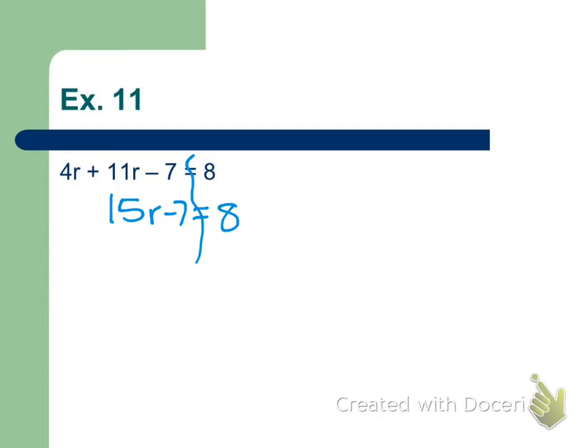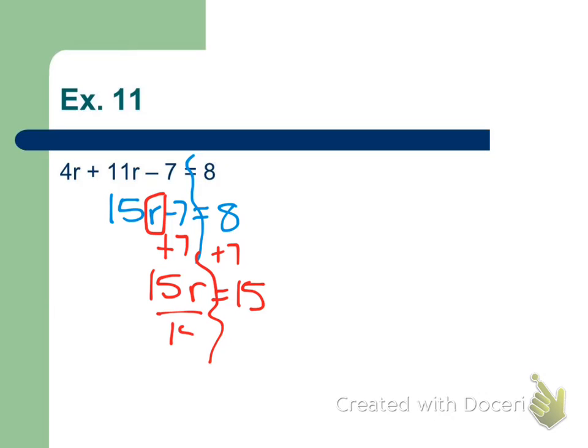Then, Jakeem, what did you do? 15r equals 15. Oh, I got my line a little off there. Okay. And finally, Tariana, what would we do? We divide both sides by 15. We get r equals 15 divided by 15. Yep. Oh, 1. All right.